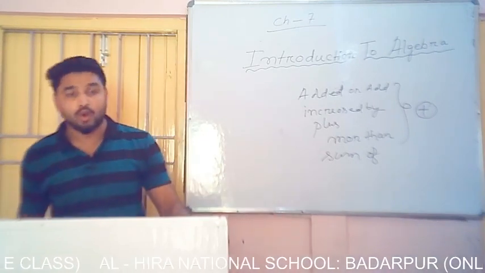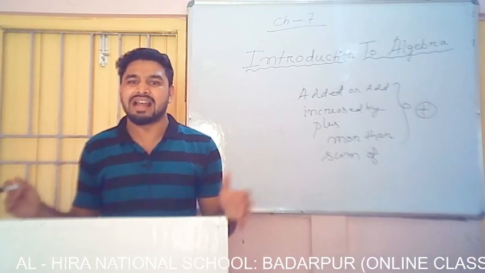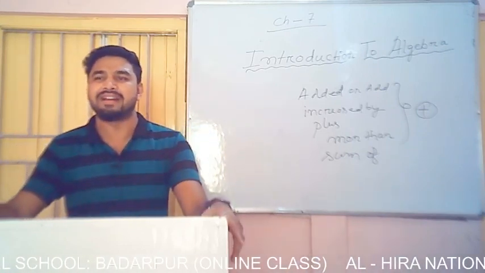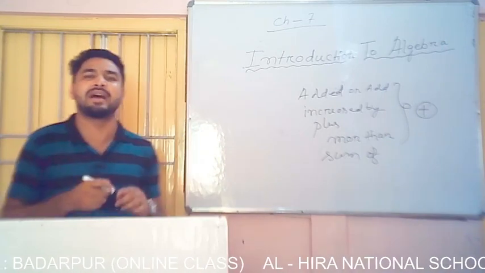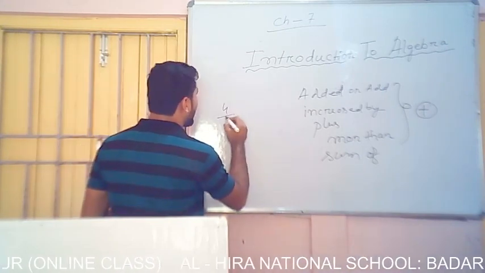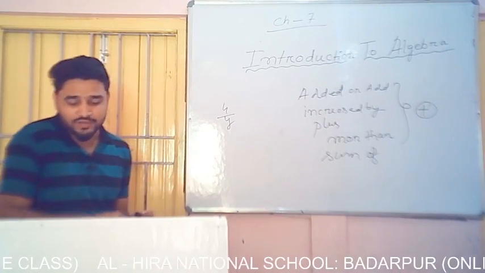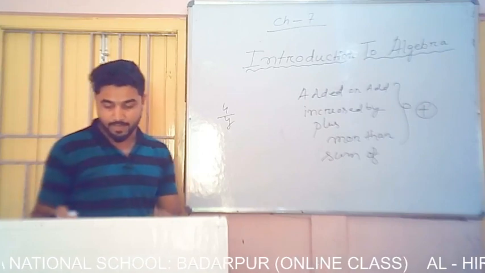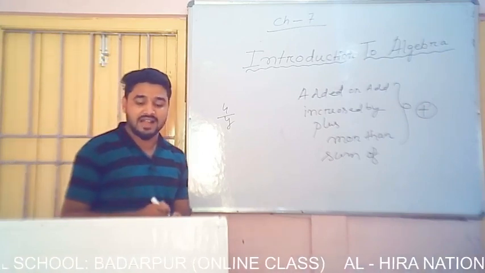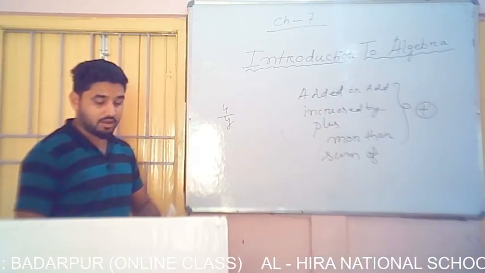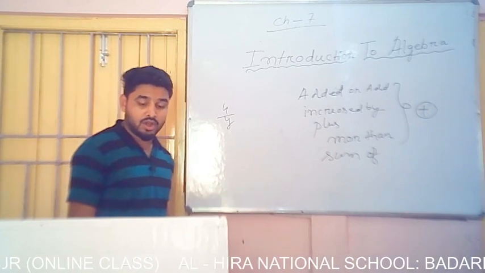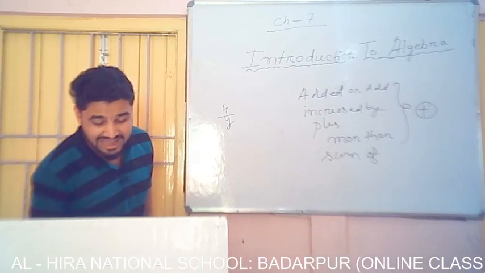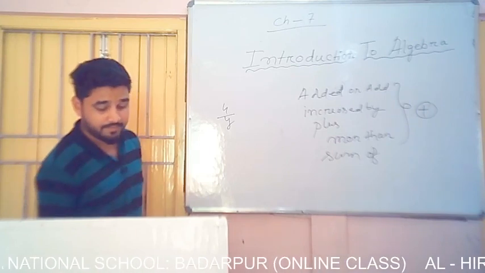If you get something like 4 divided by y, then we should divide 4 by y. So just follow page number 139 and you will get all the verbal expressions. Now let us come to question number 5. Write each verbal expression as an algebraic expression.